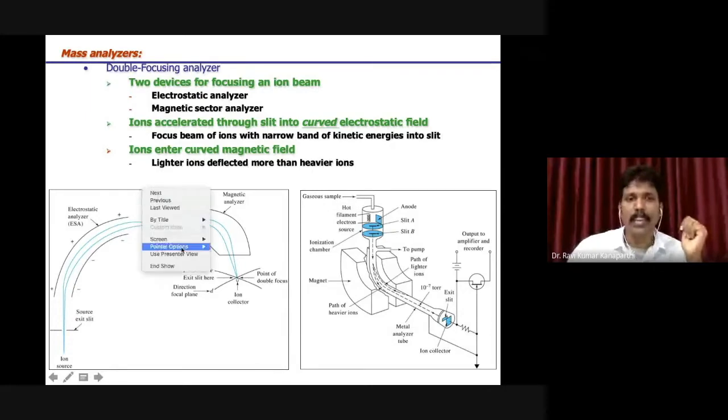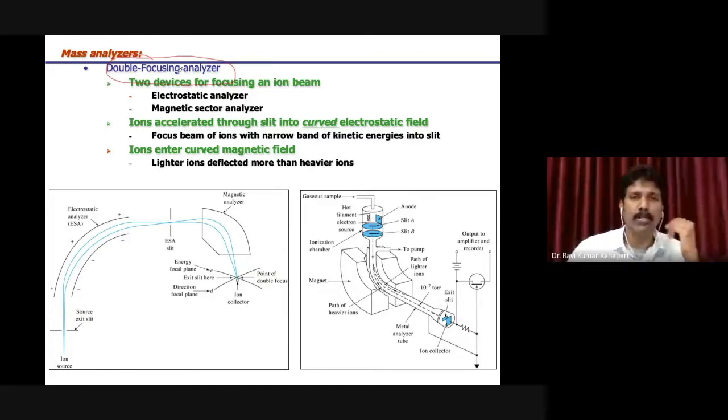In this analyzer, as the name suggests, double means two, so two focusing systems will be there. Just before the magnetic analyzer, we will have a radial electrostatic field arrangement. This is where your ion source is.